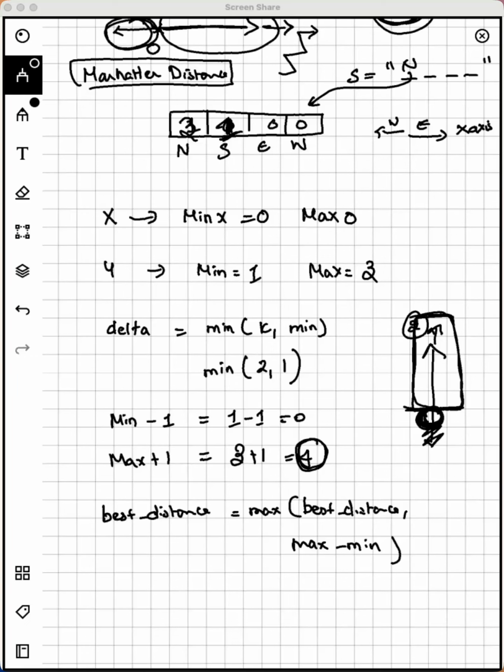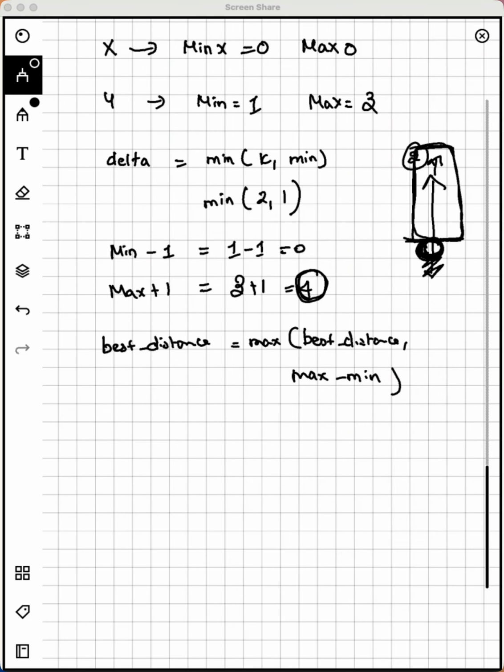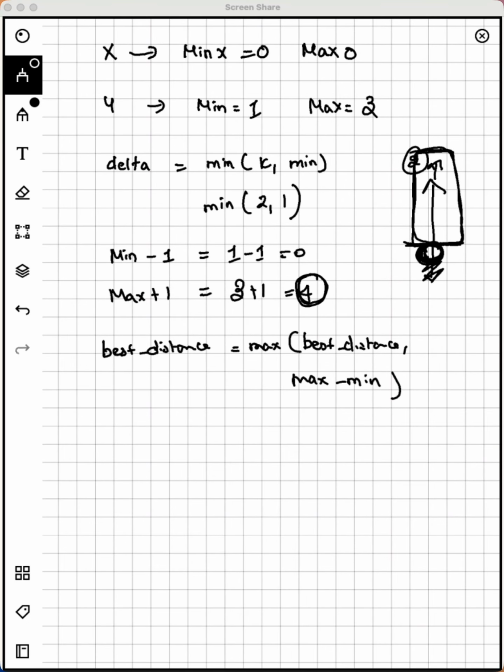Now this run through I've done only for y. We have to do it for both x and y. So how does all of this change? What we try to do is for each we find the min, the max, the min, the max.